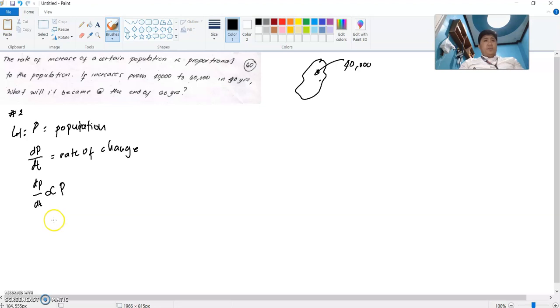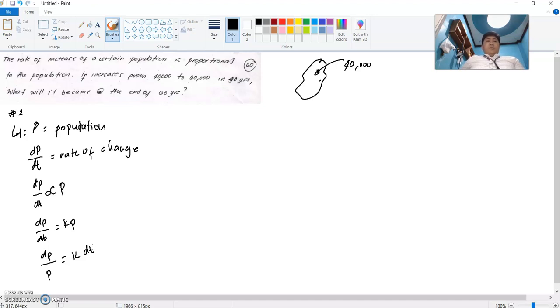So from here, we can derive our equation: dp over dt is equal to kp, where p is the population and k is a symbol for proportionality. This is a proportionality constant. From there, we can transfer this, so you have dp over p equals k dt.